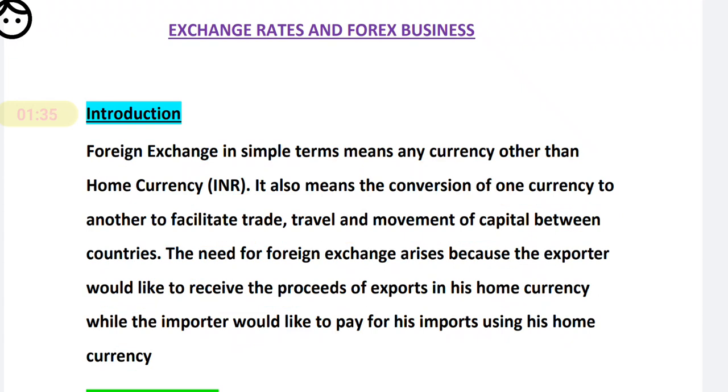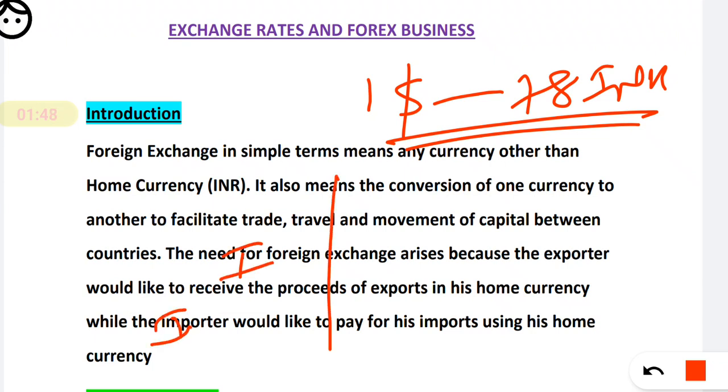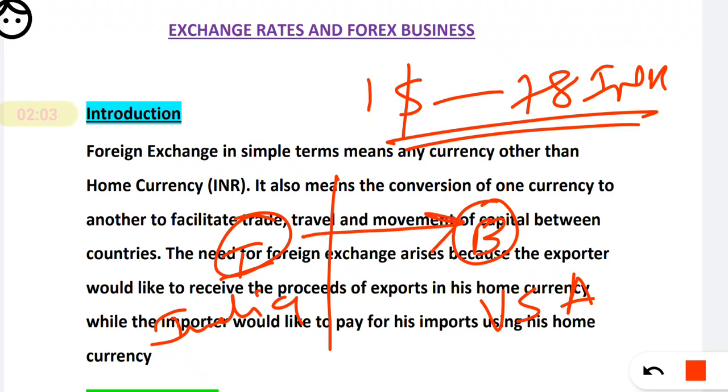What is the main reason that we are exchanging one currency with the other currency? Say, importer. Here is an importer in India, and here is a person B in the USA. Say person I in India sells some goods to person B in the USA.